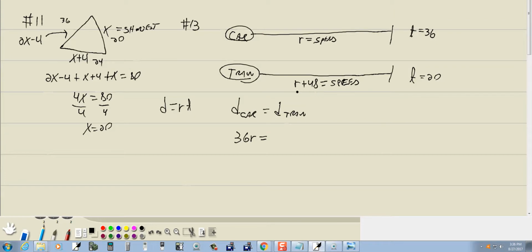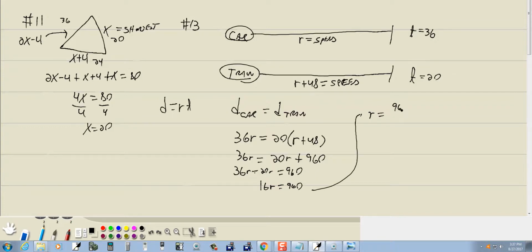And t is 20, and this is r plus 48. So I'll have 20 times r plus 48. So 36r is equal to 20r plus 960. Take that over. We got 36r minus 20r is equal to 960. That gives us 16r is equal to 960.